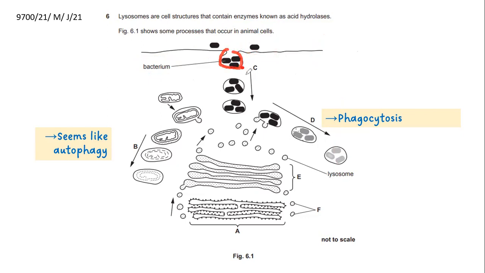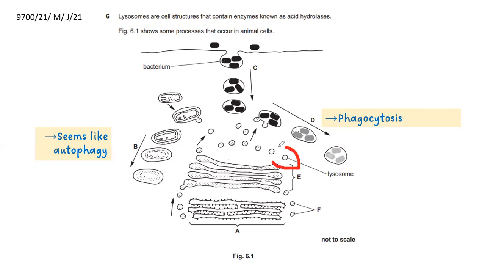It's taking in the bacteria and processing it, enclosing it within a membrane, and then it seems like it's digesting it. So this process is what we often refer to as phagocytosis. So yeah, this is engulfing bacteria. Now let us try to identify a few structures.